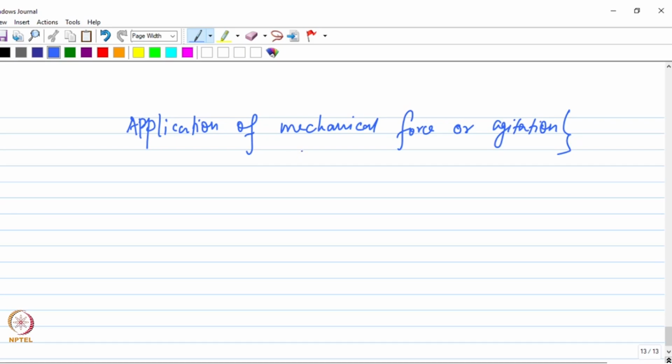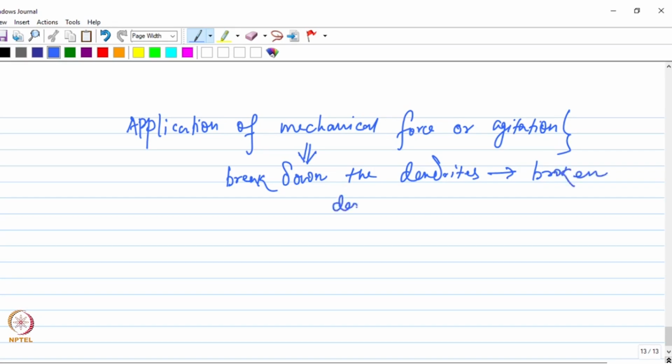What that will essentially do is it will break down the dendrites which are forming as you cool it down. And now these broken pieces of dendrites will act as the nucleation sites and increase the nucleation rate.